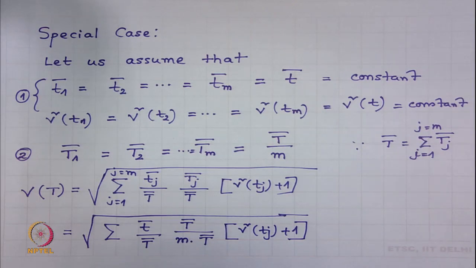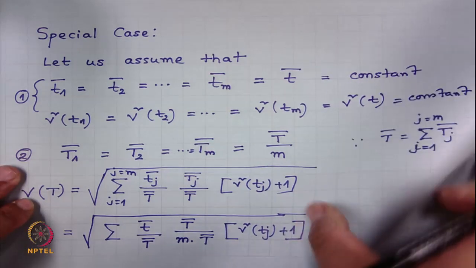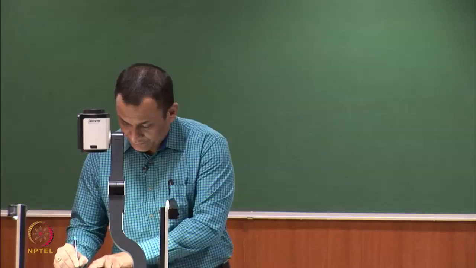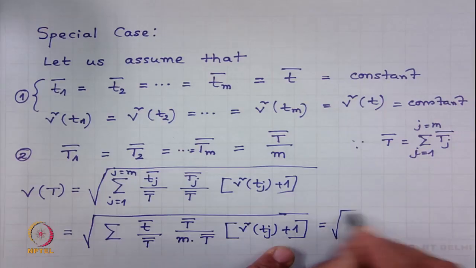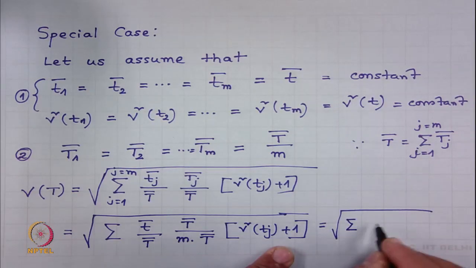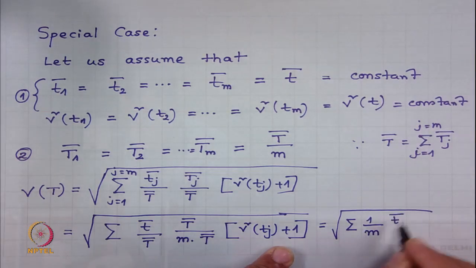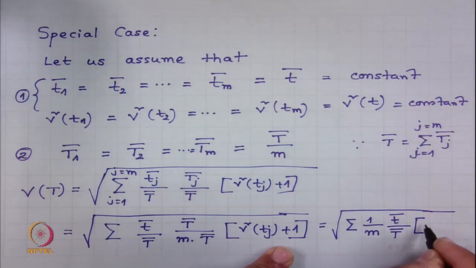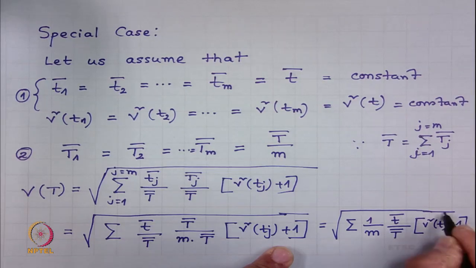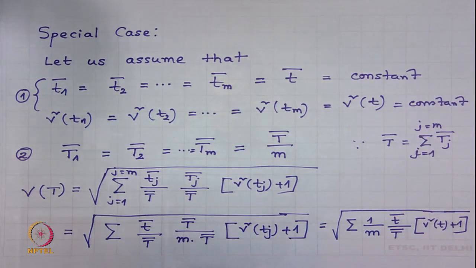We can write this as 1 by m, T bar by this, v square T plus 1. Okay.